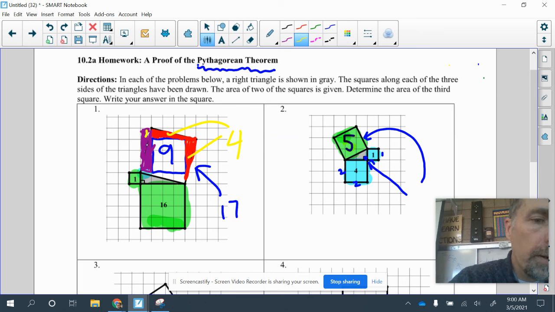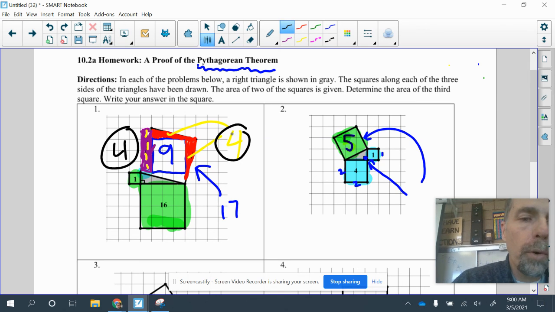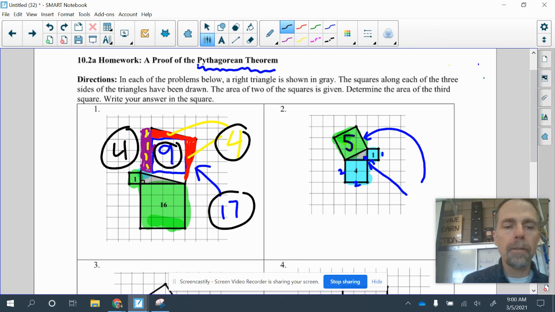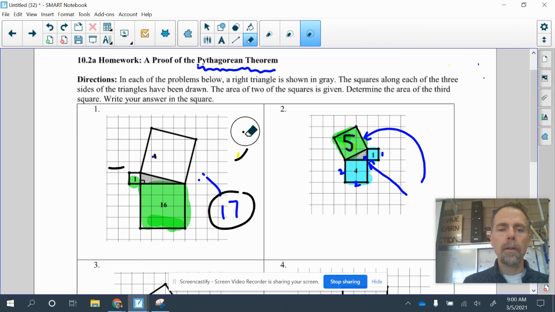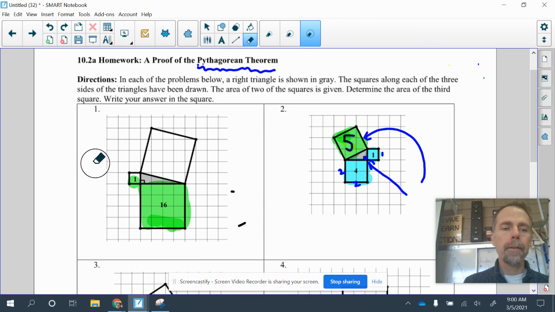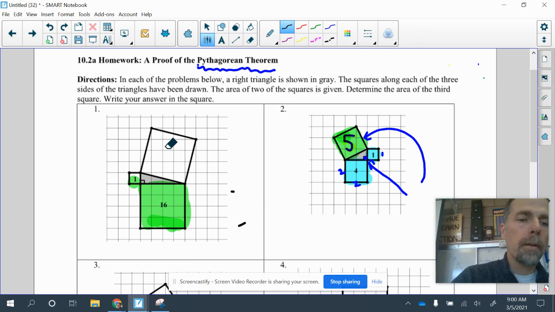Another 1, 2, 3, 4. So 4 plus 4 plus 9 is 17. Man, that's a lot of work when all you had to do was just add the two small squares to get the big square.